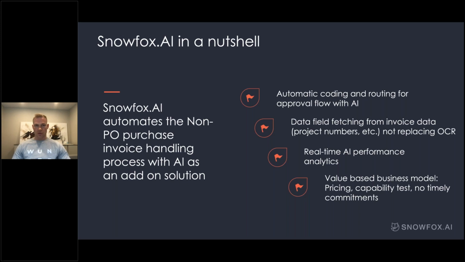At the core of our solution is a real-time analytics tool, where our customers can see all the time and monitor the performance of AI: how accurately AI was coding invoices automatically, how accurately AI was routing invoices for the approval flow, and so on. And that is very important because our whole business model is value-based.